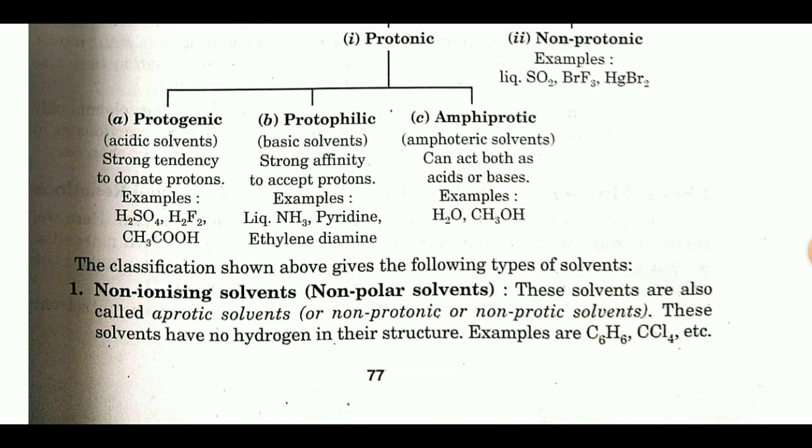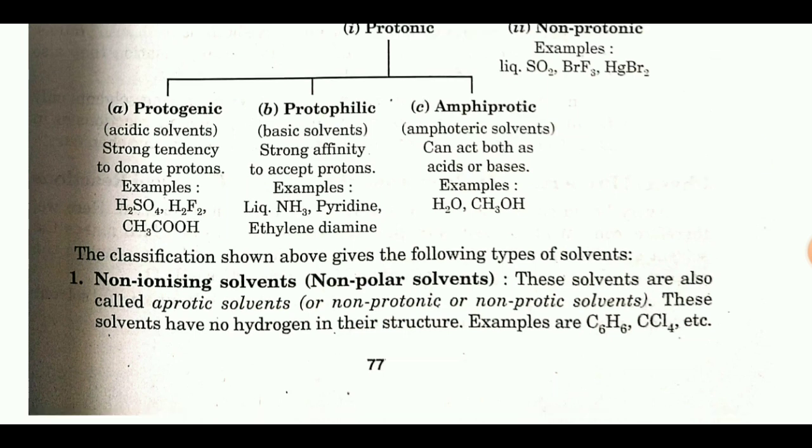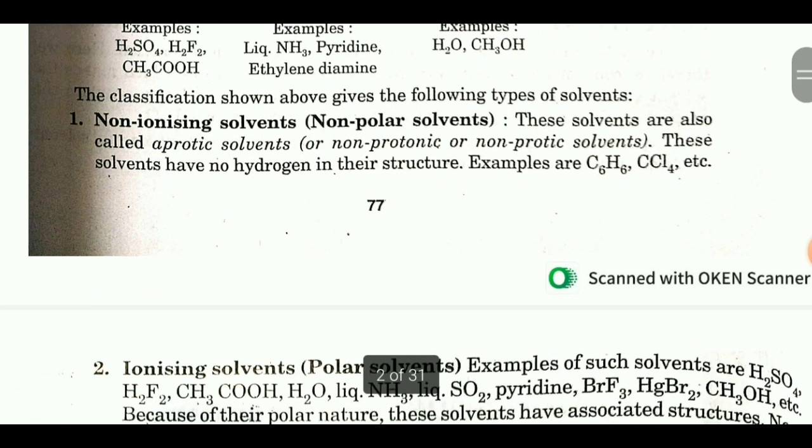Protophilic are basic solvents with a strong affinity to accept protons. Examples, liquid NH3, pyridine, ethylene diamine. Next is amphiprotic. They are amphoteric solvents and can act both as acids or bases. Examples, H2O and CH3OH.